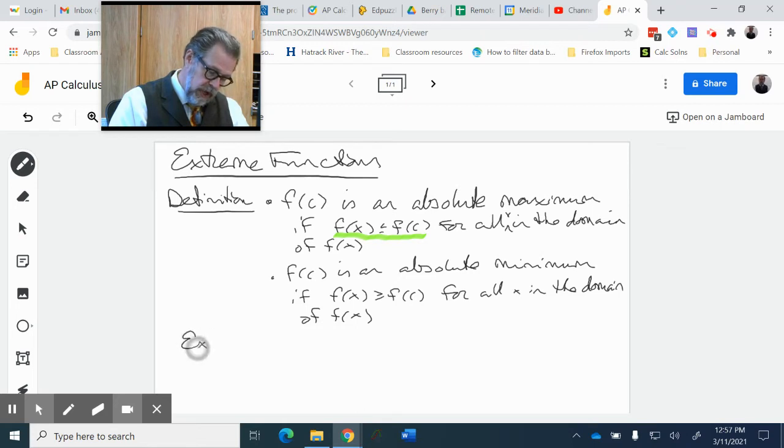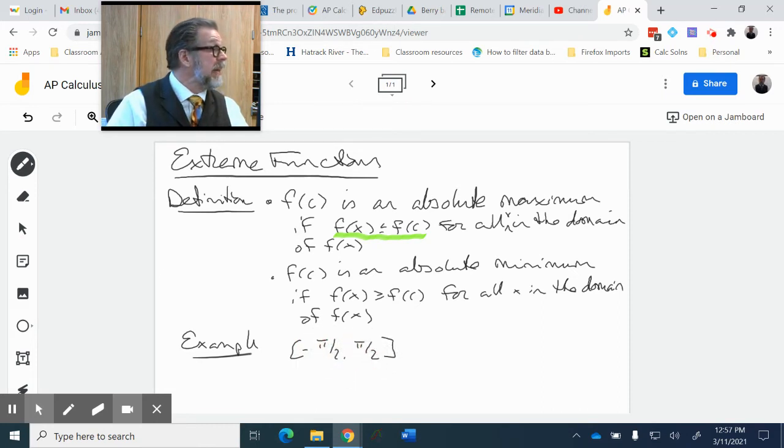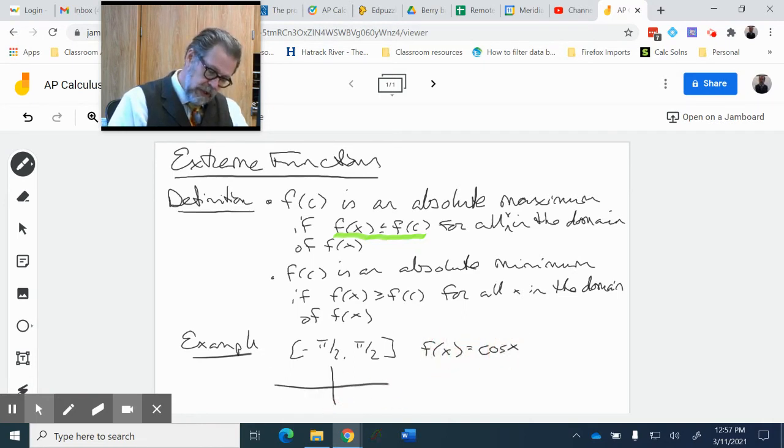So quick example, and we're looking at the interval negative pi over 2 to pi over 2. And if we look at f of x equals cosine of x, we know that cosine looks like this. There's 0, and there's negative pi over 2, and there's pi over 2.